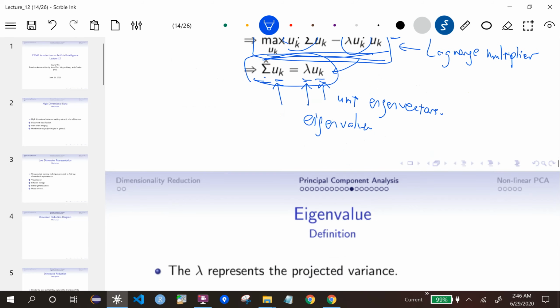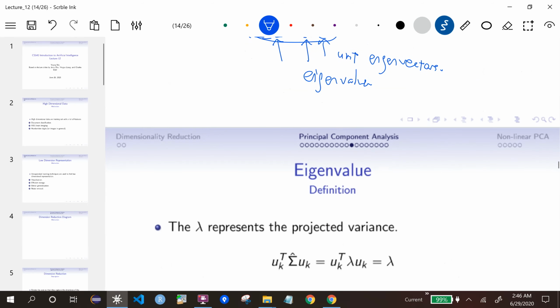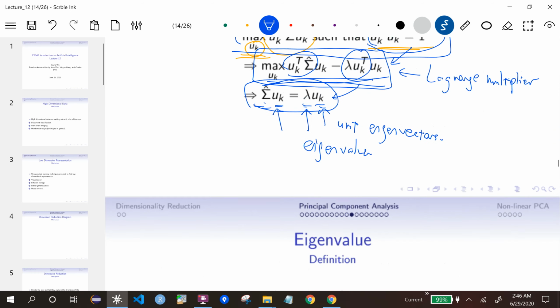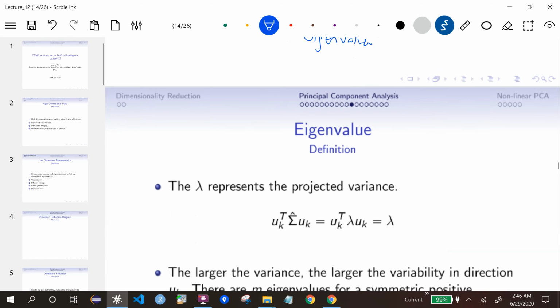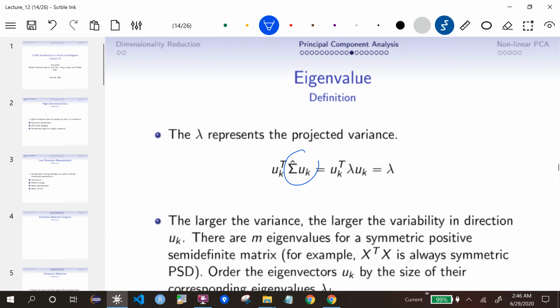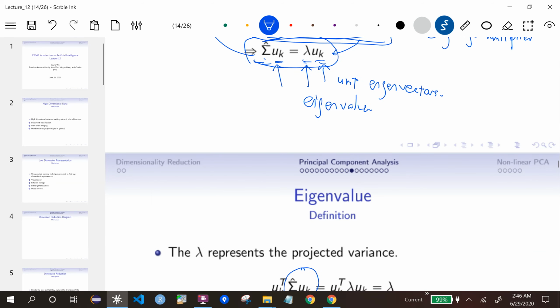Now we have most of the mathematics we need, and we can substitute this back into here. Let's actually do that. Remember the last condition: sigma u is lambda u.